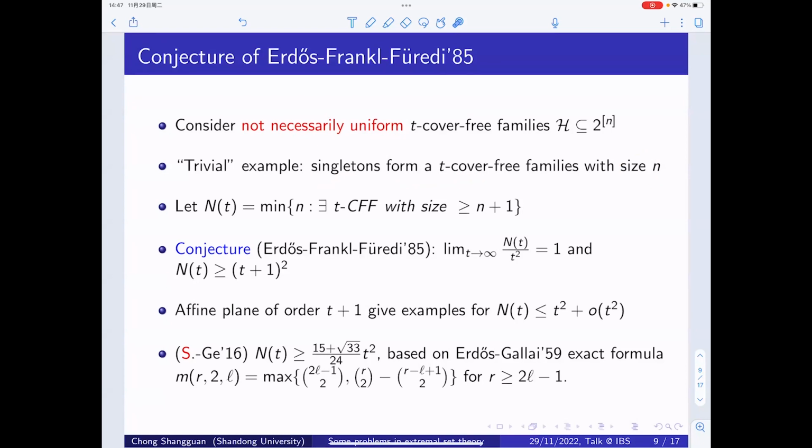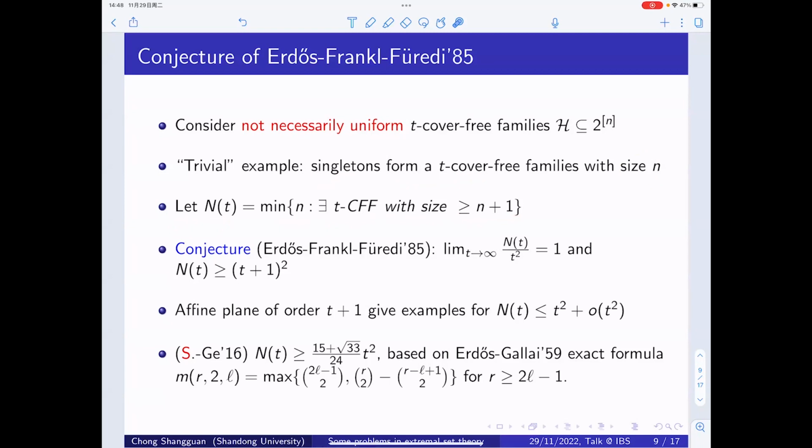What are the non-trivial examples? We want to construct a T cover-free family whose size is strictly larger than the size of the underlying set. So we use N_T to denote the minimal N such that there exists a T cover-free family with size at least N plus 1.